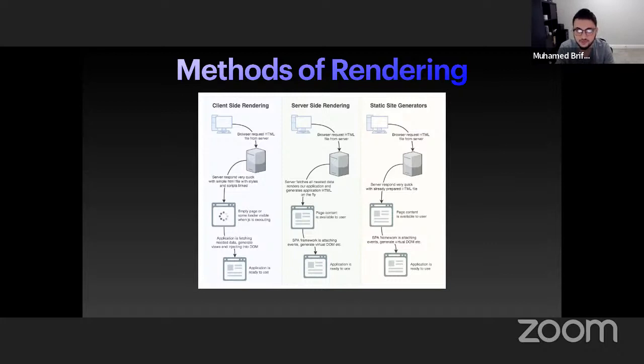So if I know at a bare minimum that the application at its default state will look like this, or I have an API that can fetch data and provide that to React, or to a component to render, the server will handle generating the base or the current state of HTML for you and give that back to the browser.